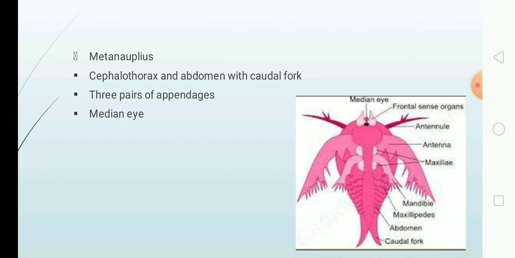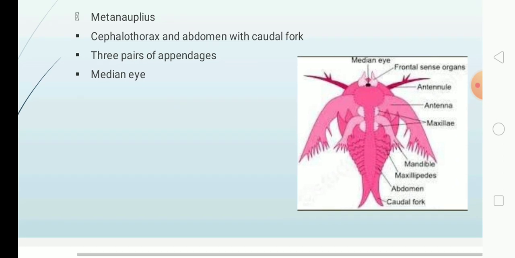In this there will also be abdominal appendages developing as buds. So it is not fully developed. The abdominal appendages will be developed as buds, and it has one median eye. So this is about the Metanauplius larva.